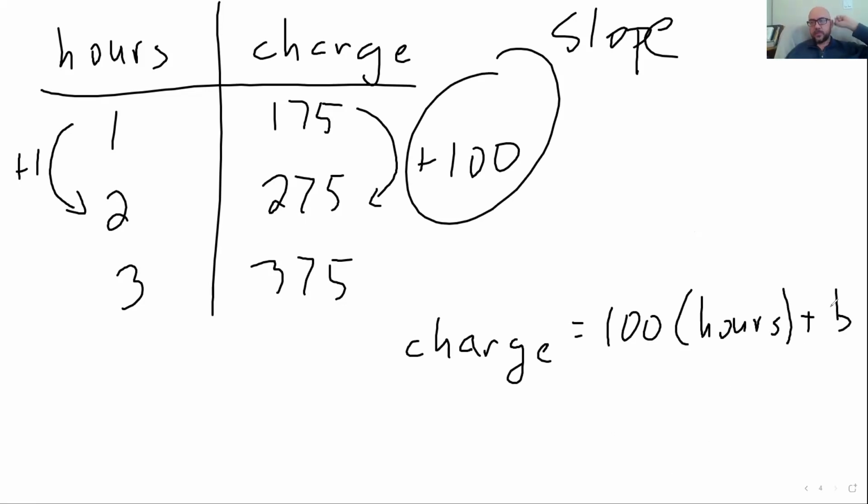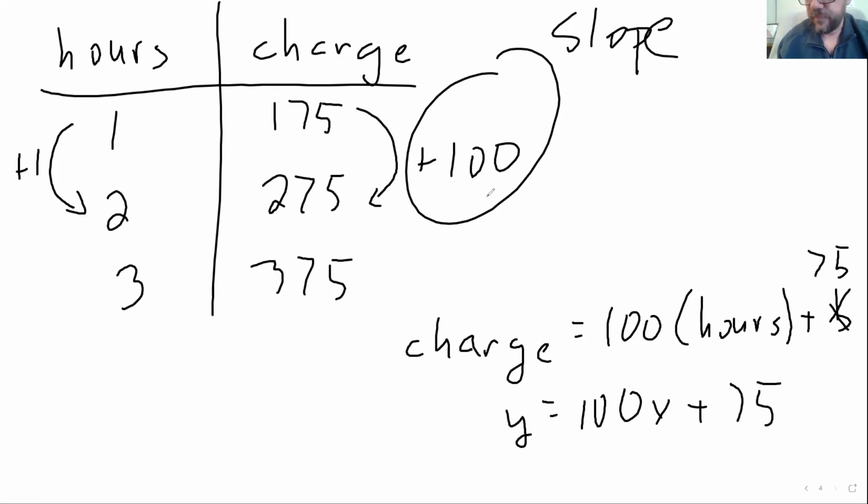And B is the amount that Danielle charges if she's there for 0 hours, which is to say it's the flat fee. Right? So B is 75. And if we're calling charge Y and hours X, what we get is Y equals 100X plus 75. That's your linear function, right?